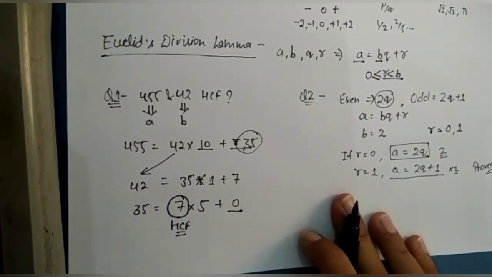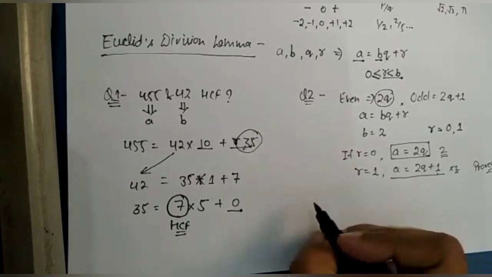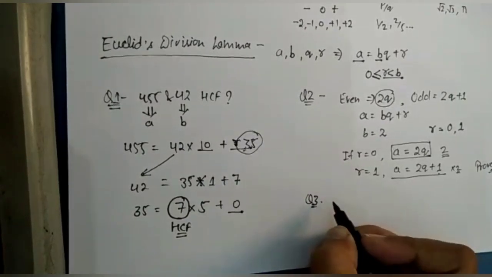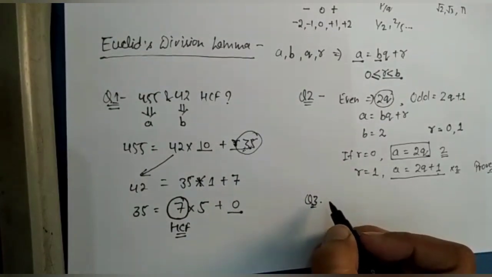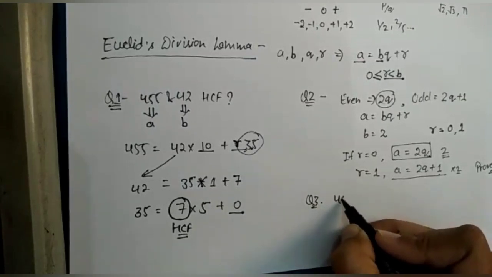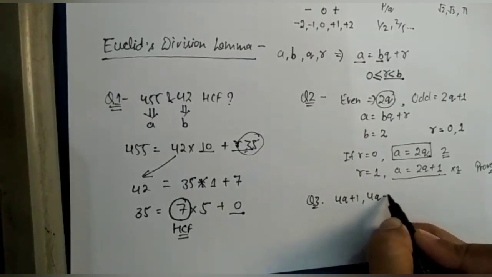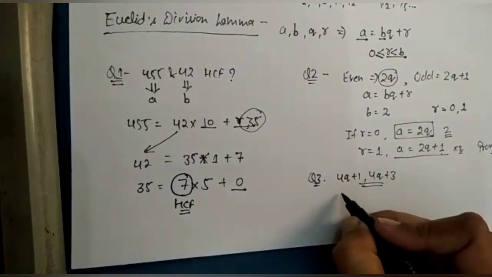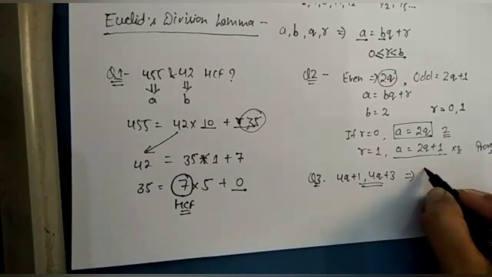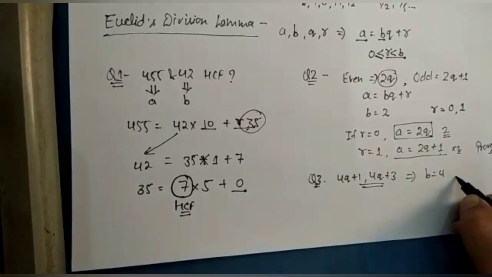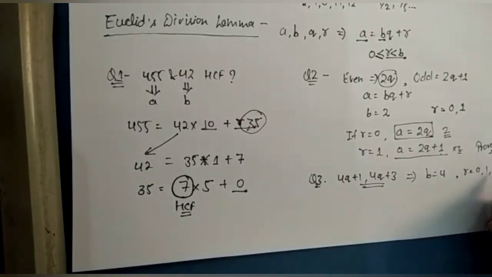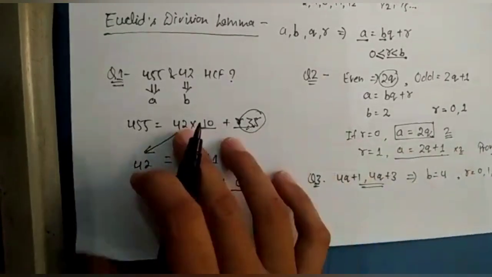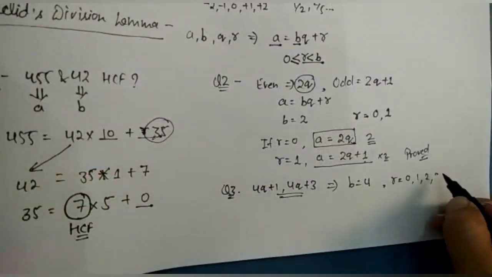And we can see one another question on the same basis. Question number 3, show that any positive odd integer is of the form 4q plus 1 and 4q plus 3. Here b is equal to 4, so r is equal to 0, 1, 2 and 3.